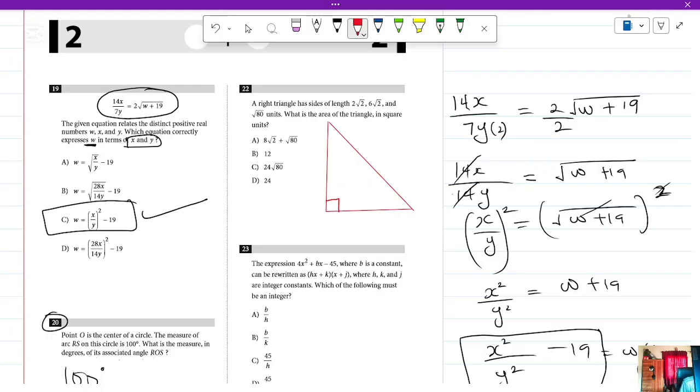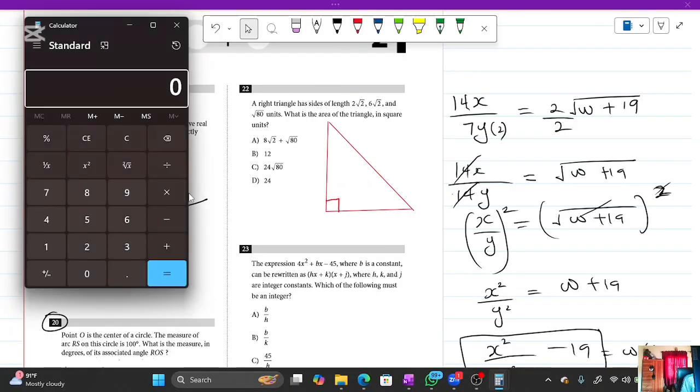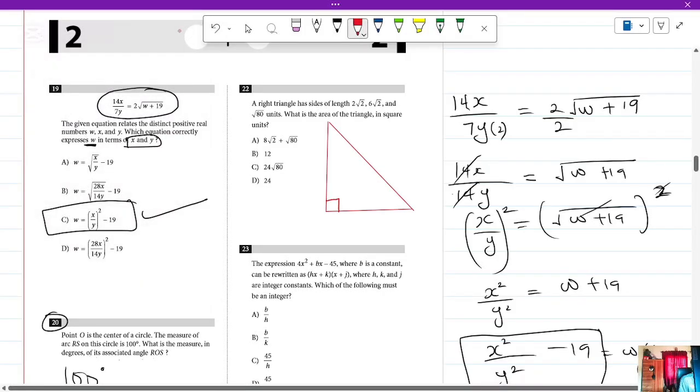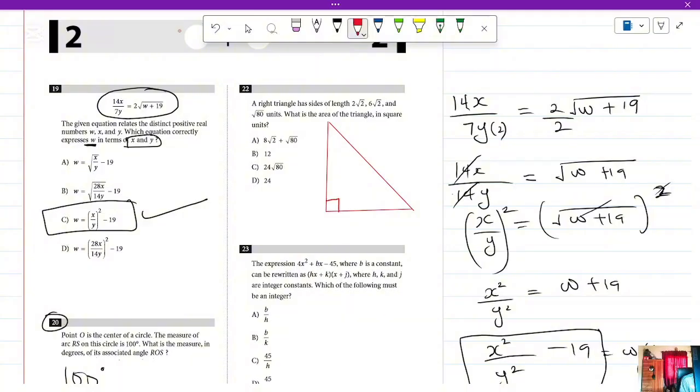So let's look at it, if you find the square root of 2 root 2, root 2 is going to be 2.828. If you find 6 root 2, it will give you 8.485.